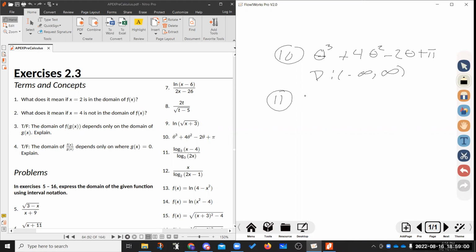Number 11, log base 3 of x minus 4 over log base 3 of 2x. So this is going to be x minus 4 needs to be greater than 0 and 2x needs to be greater than 0.